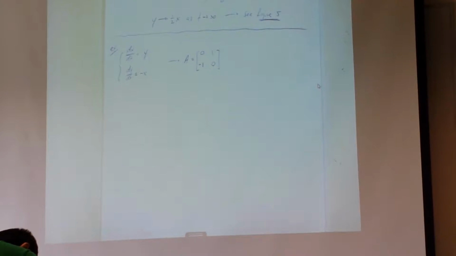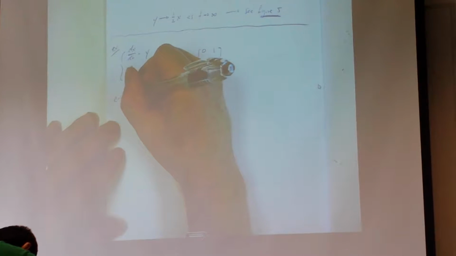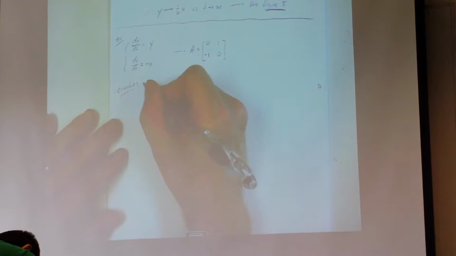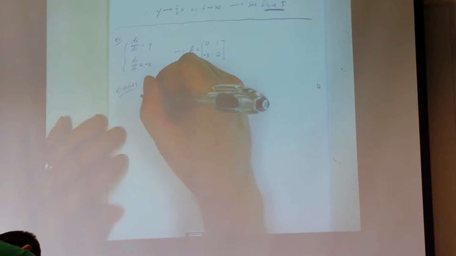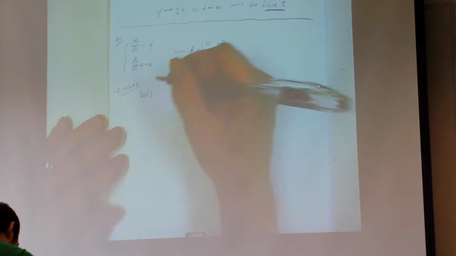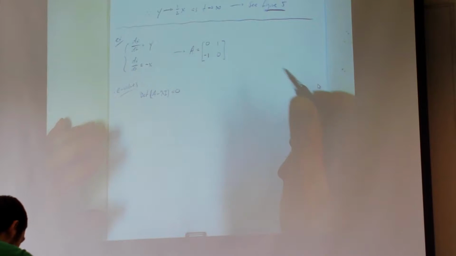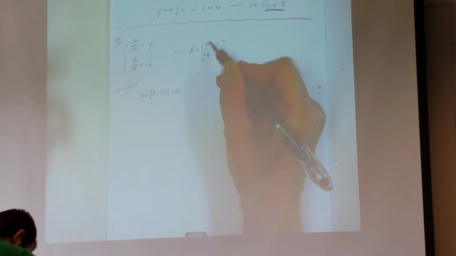Okay. So let's find the eigenvalues of this. I like those zeros there, they make everything a little easier, because when I find the eigenvalues, we're doing the determinant of A minus lambda I equals 0, and that looks like 0 minus lambda, 0 minus lambda.